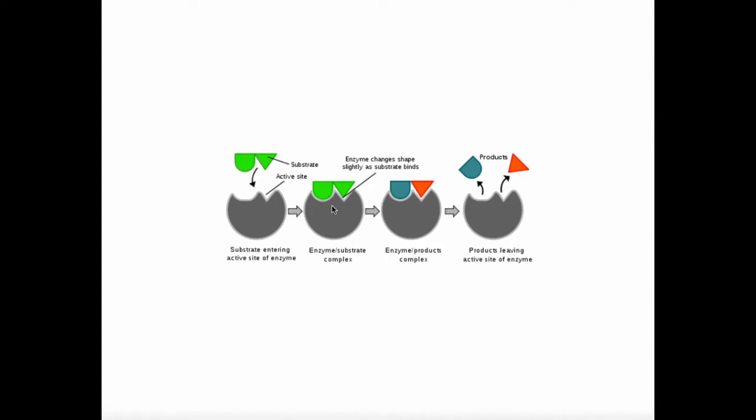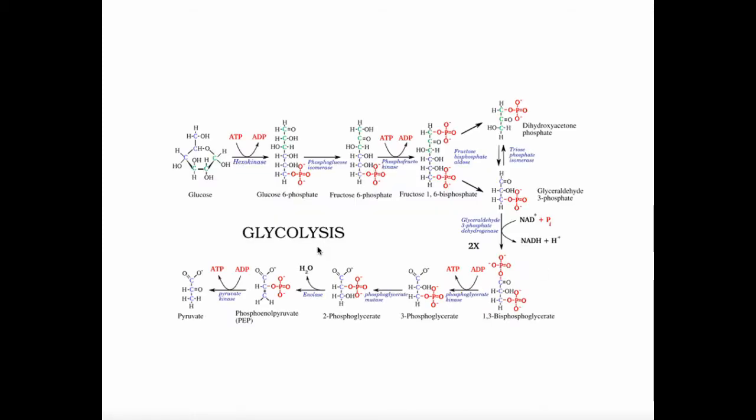Once the active site is filled, the enzyme weakens and messes with the substrate's bonds to form the product, which then dissociates and releases from the active site. The enzyme can then take in another molecule, sticking to that idea of enzymes and catalysts not being used up in a reaction.